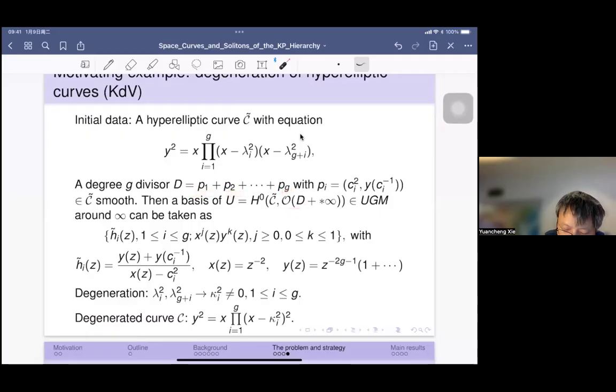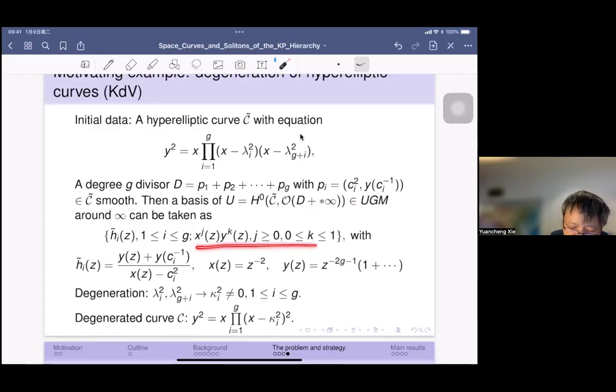And I allow an arbitrary order of poles at infinity. My P infinity is the point at infinity, and there's only one infinite point here. So let me give an explicit basis for this subspace. First, I know that if I define this kind of equation, then my x and y only have poles at infinity.